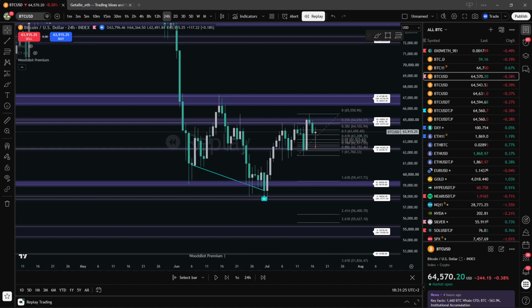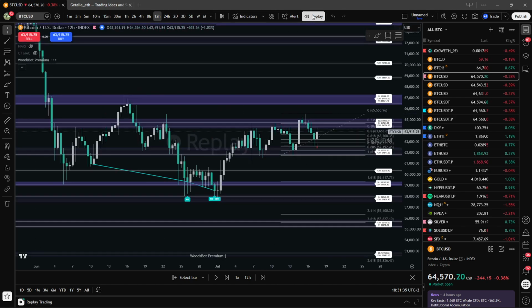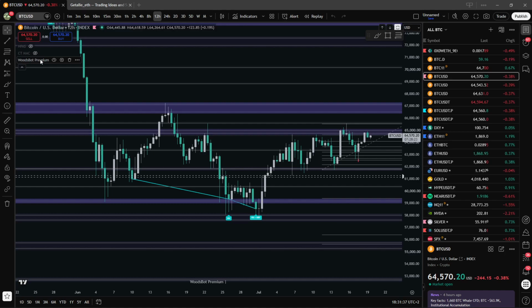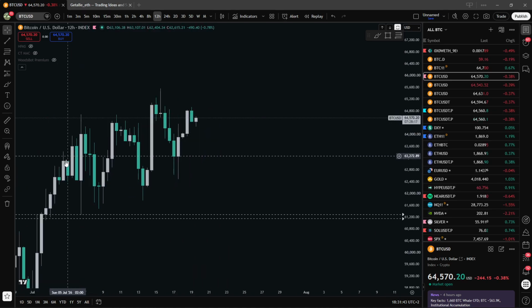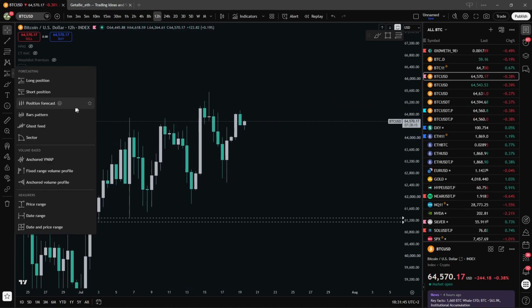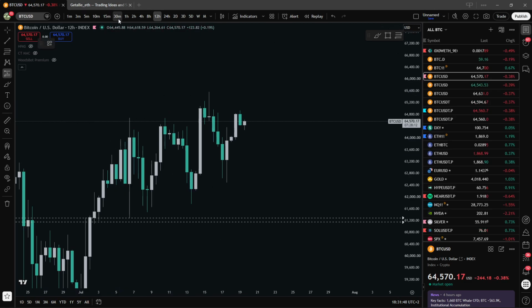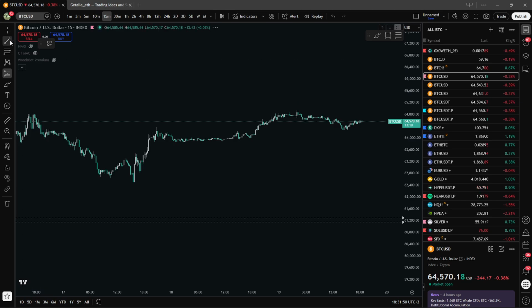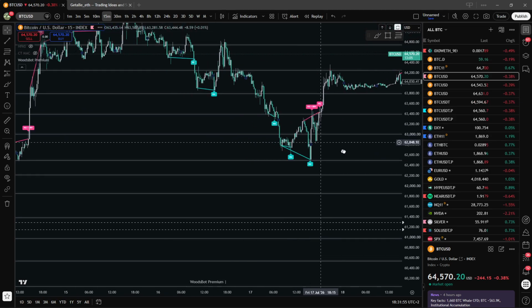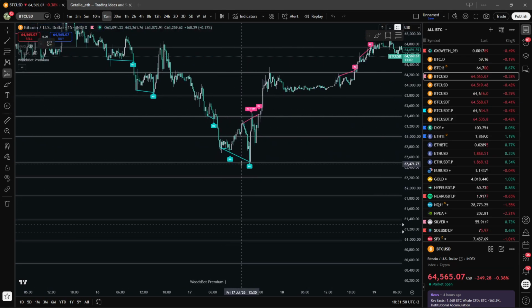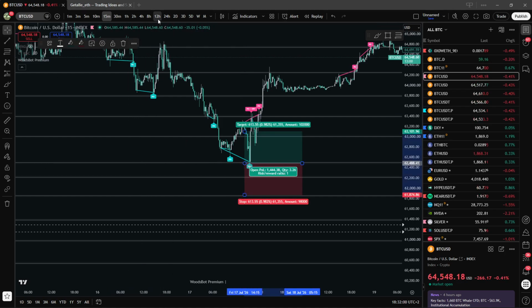So your stop loss really depends on your trading strategy. So for me, let's go over this Bitcoin trade, for example, that I took. I was long on this bullish divergence right here.